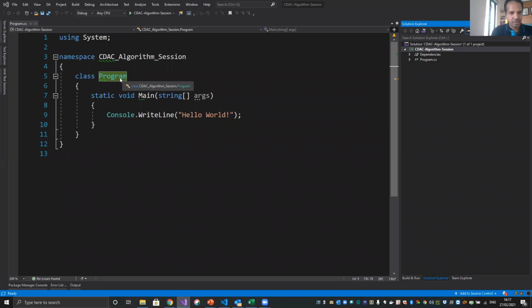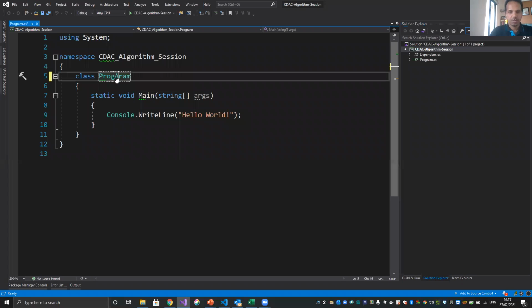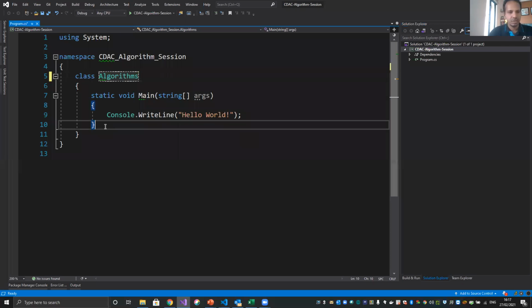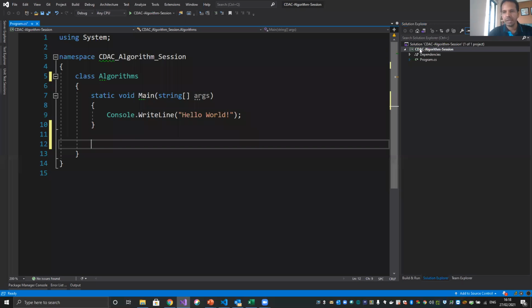Okay, so let's first rename the class with something more meaningful. Let's call it Algorithms. As a first thing, we can simply compile this, so we can build it.